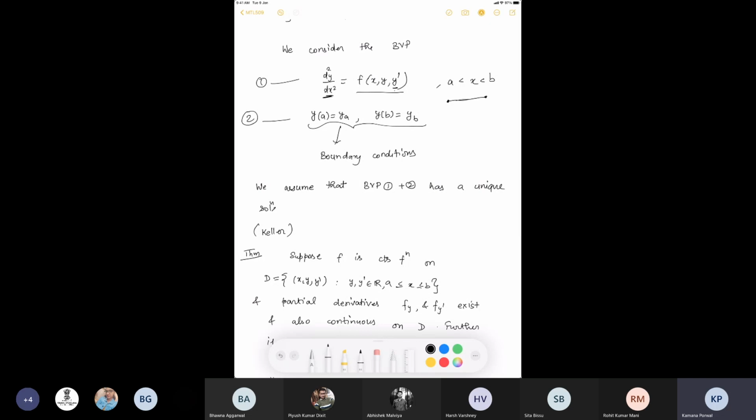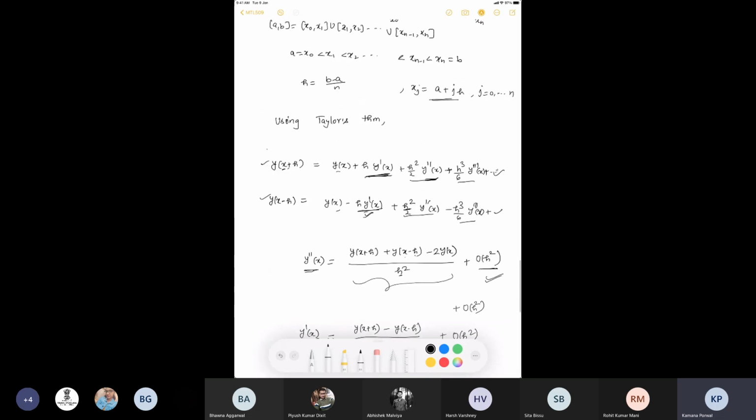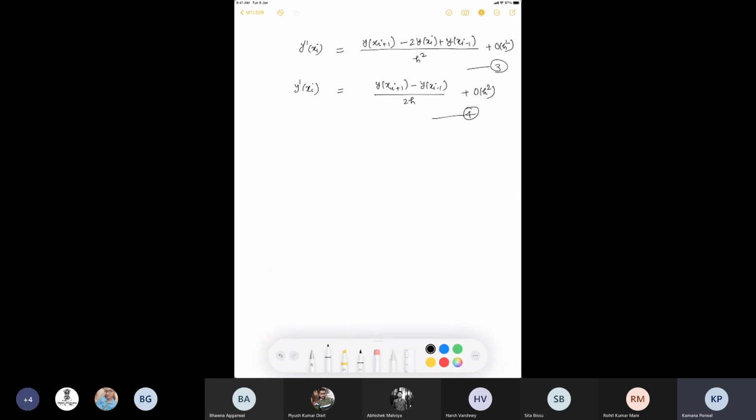We have y double prime equals f of x, y, y prime, with this condition. So now let me write what numerical method we are going to get, in view of 3 and 4.